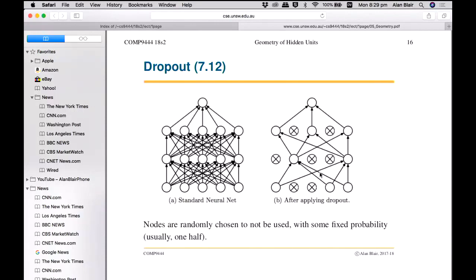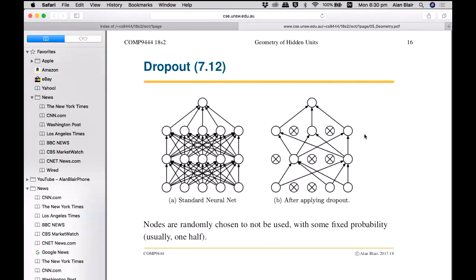So the remaining nodes have to try to do the whole job. And I choose a different subset of nodes for each mini batch. Now, what this does is it effectively encourages redundancy in the network. Maybe part of the inspiration for this was from the human brain.